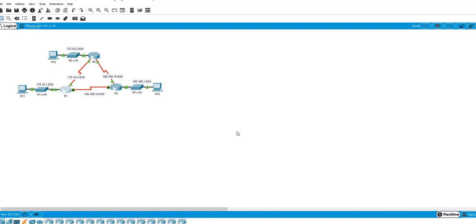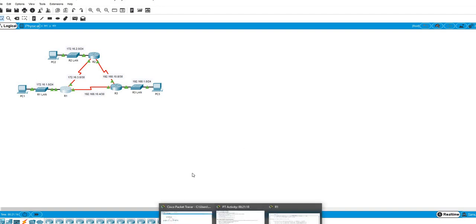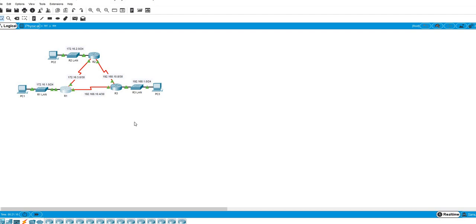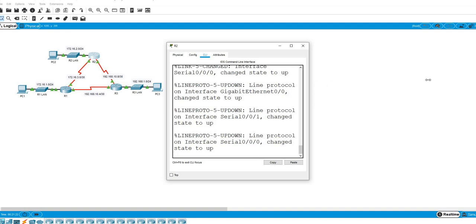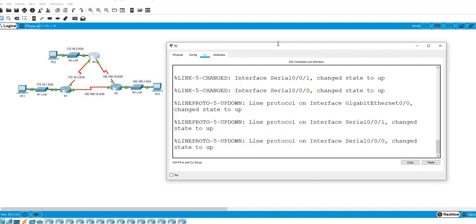Okay, so that's the topology which I will use for the configuration of EIGRP. So let's look at the interface status on R2, and already the basic configuration is done.